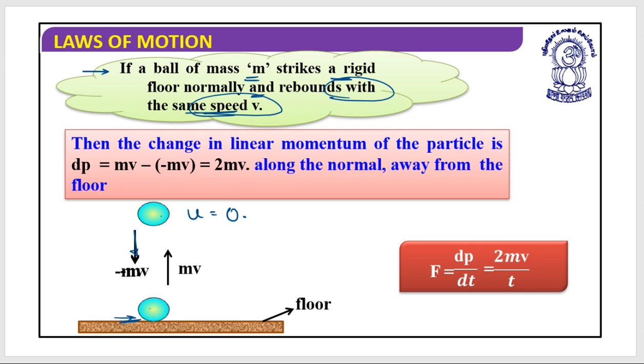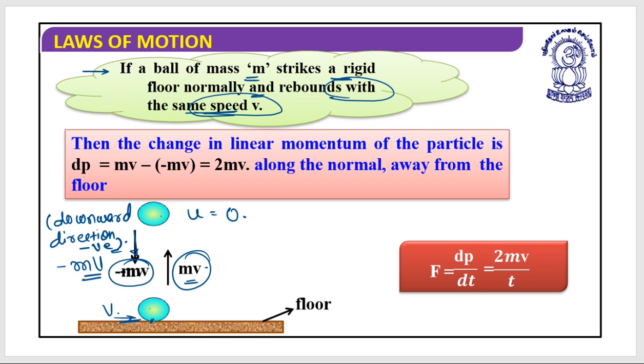When it reaches here, its velocity would be v, so its momentum can be written as minus m into v. I have taken it as minus because I consider the downward direction as negative and the upward direction as positive. That is obvious. So when it strikes here, it moves in the upward direction with the same speed.